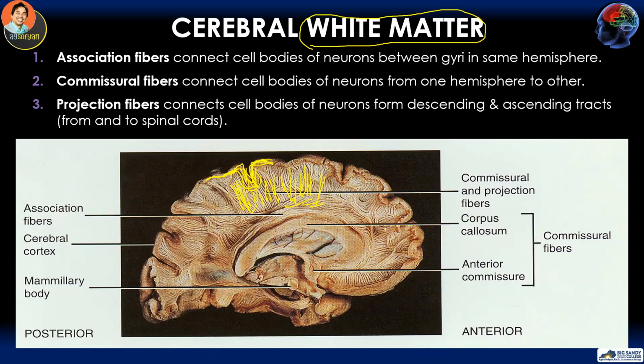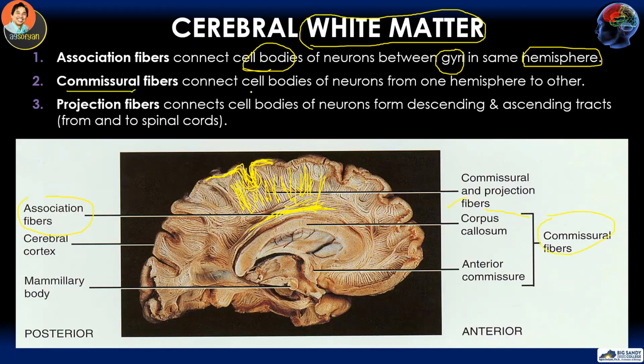There are three types of fiber or axon. The first one is the association fiber. This is the fiber that connects neurons between gyri within the same hemisphere, left and left. The second is called the commissural fiber.